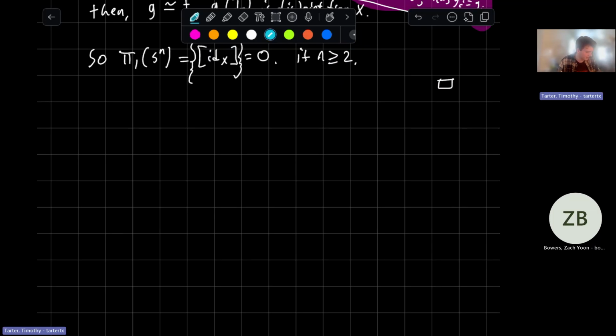An application of this is an example. Let X be a point in R^n.